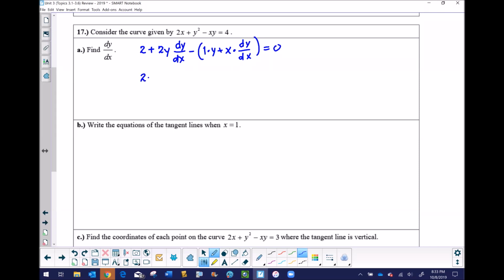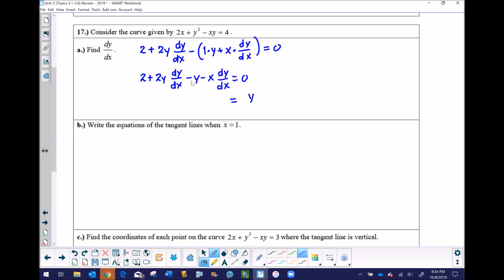All right, let's clean this up because this thing is pretty filthy right now. So we'll distribute the minus, and move stuff over that doesn't have a dy dx. So I'm going to move the y over.